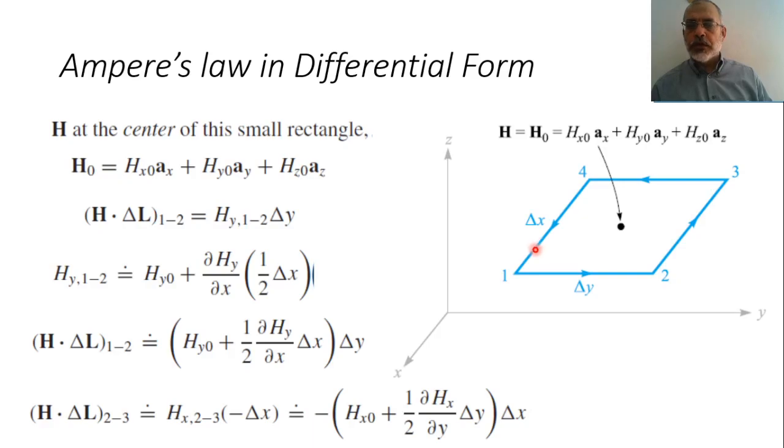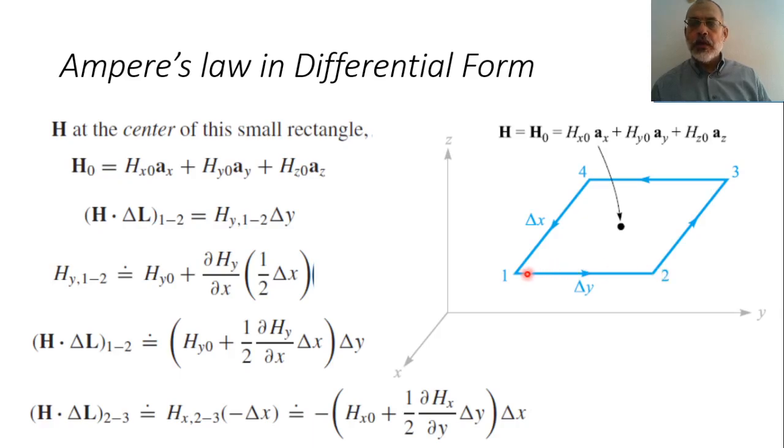So in this case, H dot dl along the path 1 to 2 would be Hy0 plus the derivative of Hy with respect to x multiplied by delta x over 2, which is the distance we have moved, and this multiplied by the value of delta L in this case, which is delta y. So this is the integration of H dot dl along the path 1 to 2.